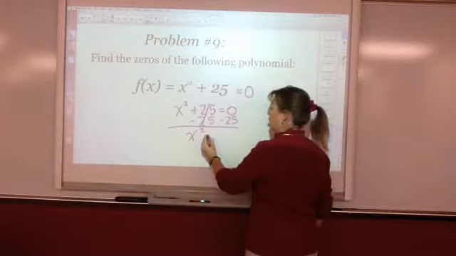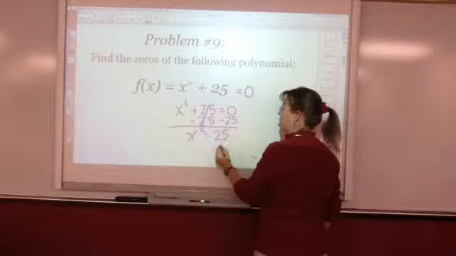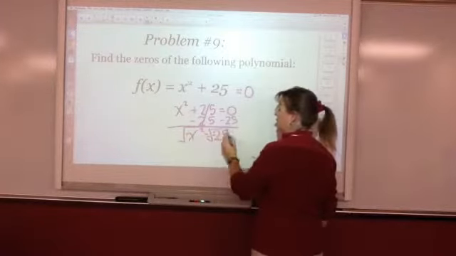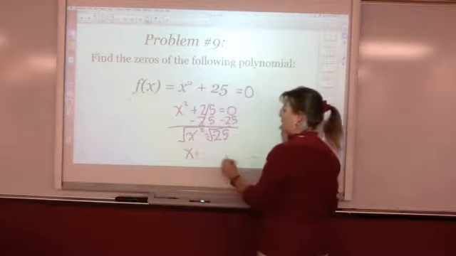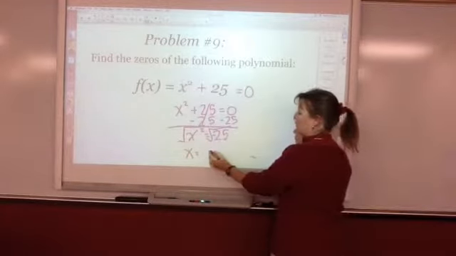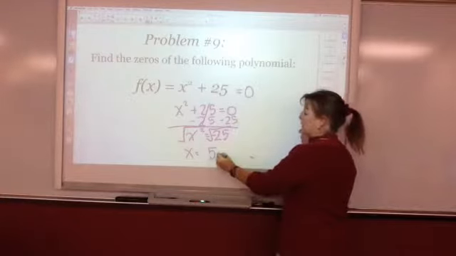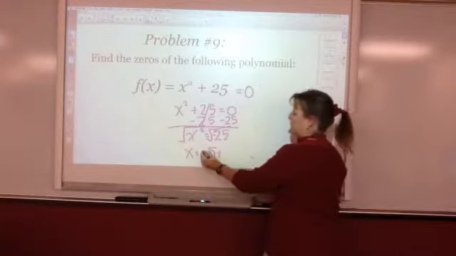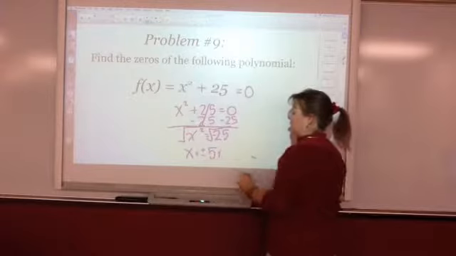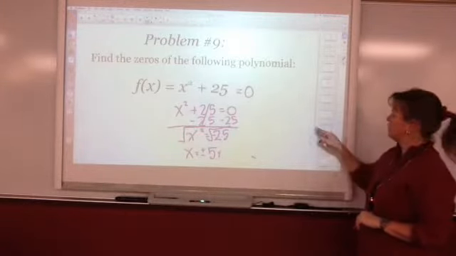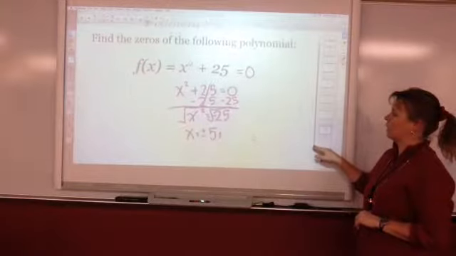X squared equals negative 25. Square root both sides. You can't square root a negative. You can square root of 25 and get 5. Because it's a negative, it's imaginary, and you will need both the positive and the negative of 5i. 2 zeros again, they're just both imaginary.